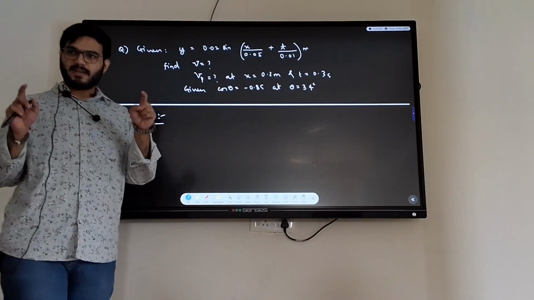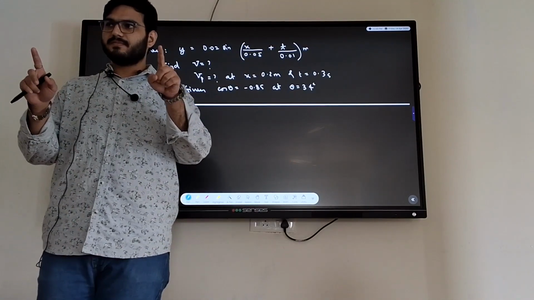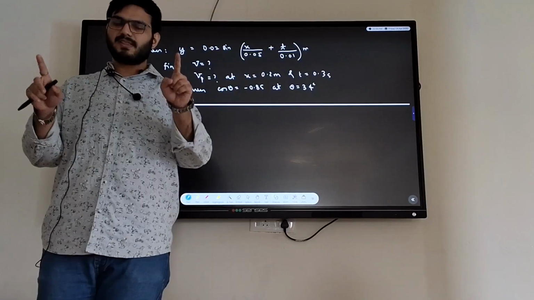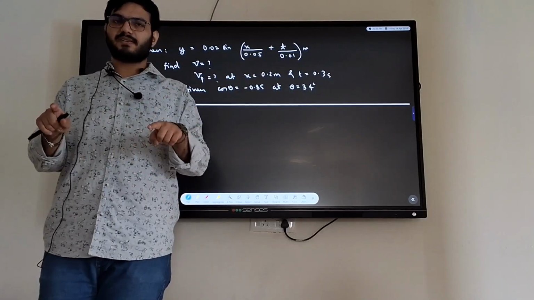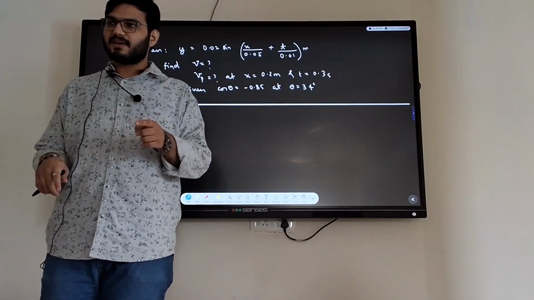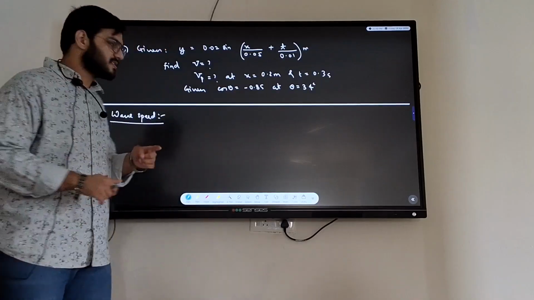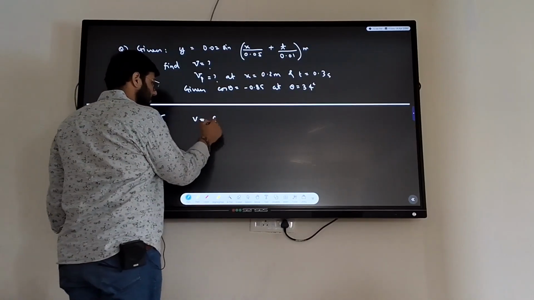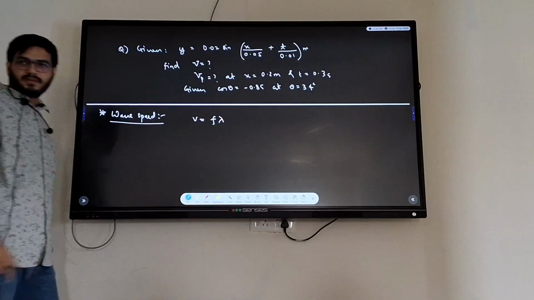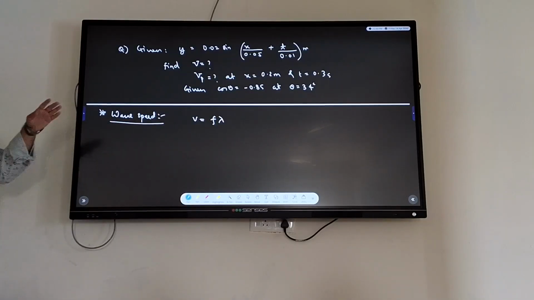That means the waves will move with the same speed. So the waves are moving with the same speed, but their frequencies are different. If their frequencies are different, then their wavelength will be different as well. Because what was V? V was equal to F lambda. In general, for any kind of wave this follows. Then if V is going to be the same for both the sources, and if F1 is greater than F2, then can you comment on lambda 1 and lambda 2?